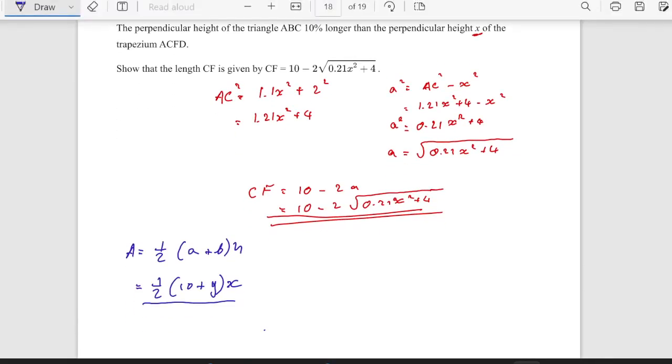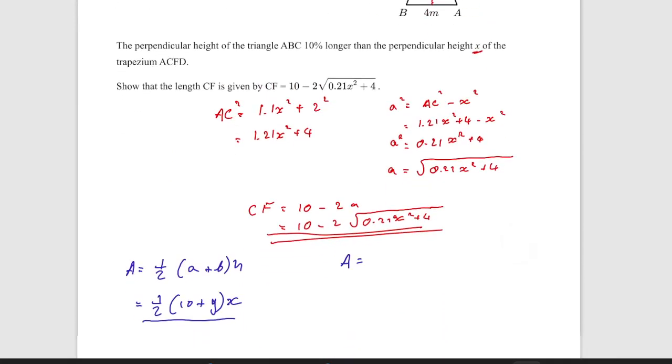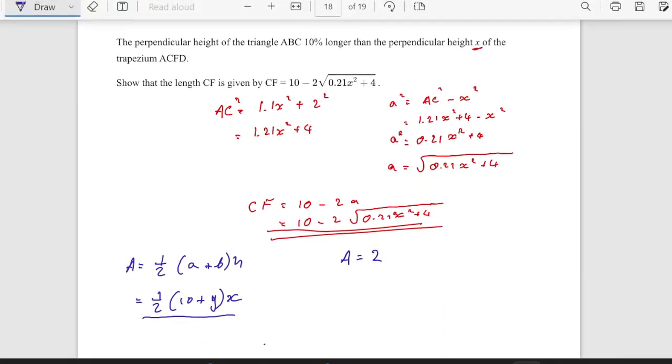So the area of the shape could have also been found by saying that it was 2 lots of a times x, so in effect it's going to be 2 lots of ax plus 10 times x.